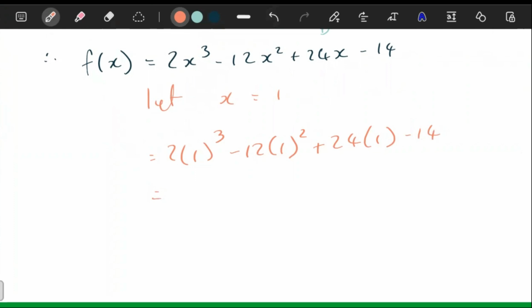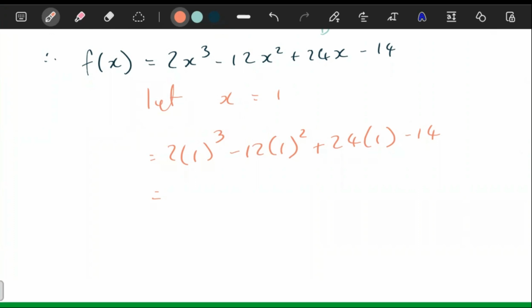See? So in our calculator, 2 times 1 cubed, 12 times 1 squared, 24 times 1, negative 14. Let's see if this is giving us everything we need.